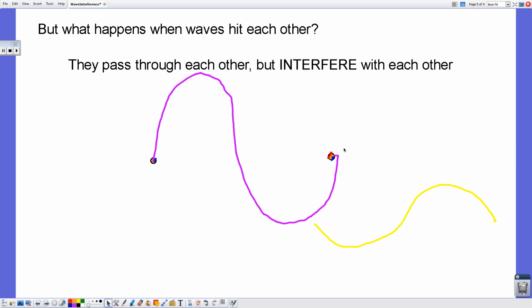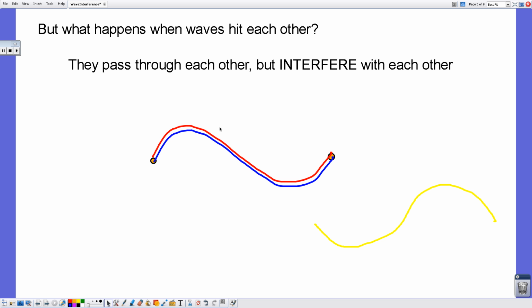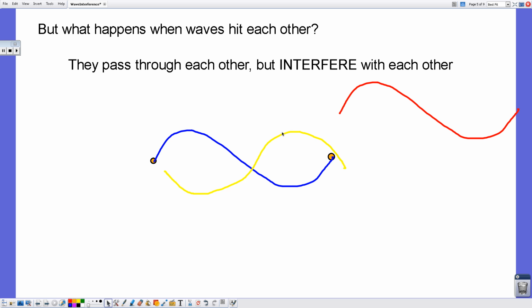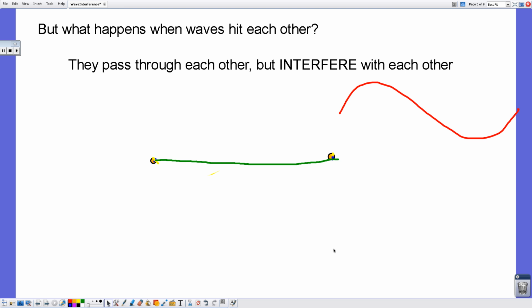But since they're on top of each other, they add together to make big purple wave. Now, what if it's not the red wave, but the yellow wave? Ooh. Well, what do you think's going to happen? They're going to cancel out, leaving you with green wave.